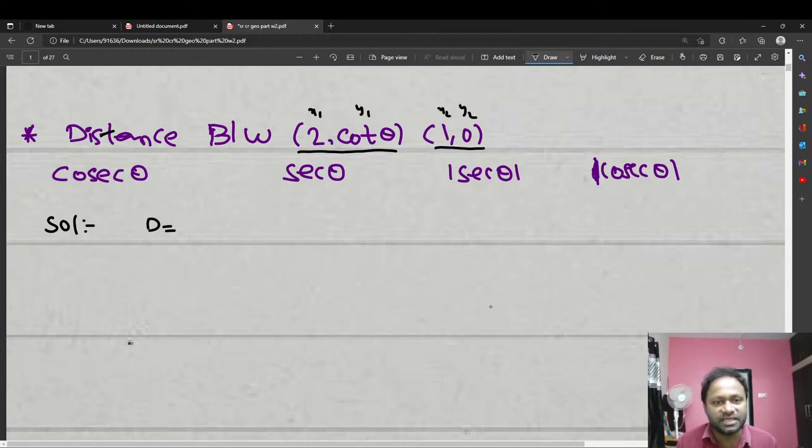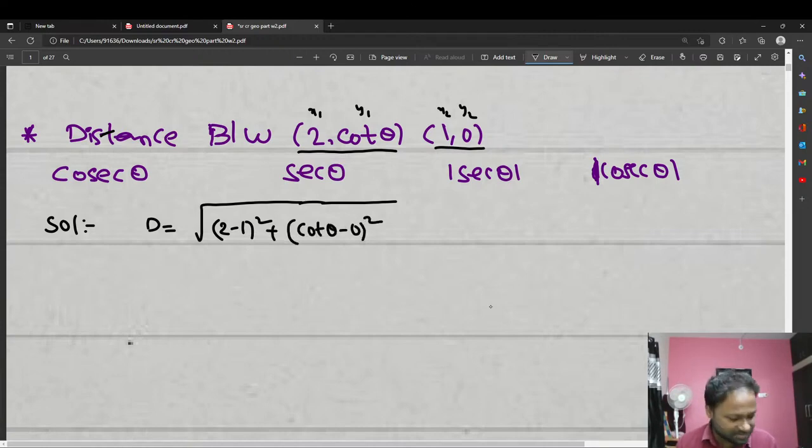So by taking this, the distance formula will be the square root of (2 minus 1) whole square plus (cot theta minus 0) whole square.